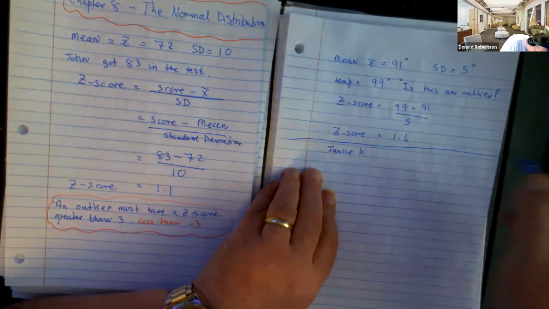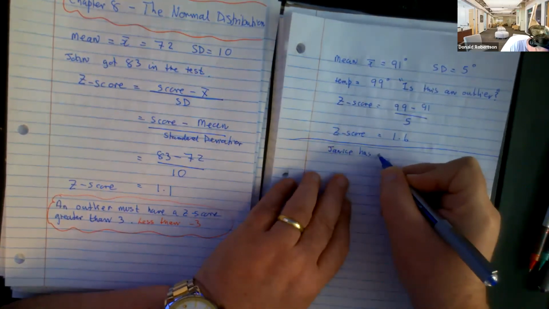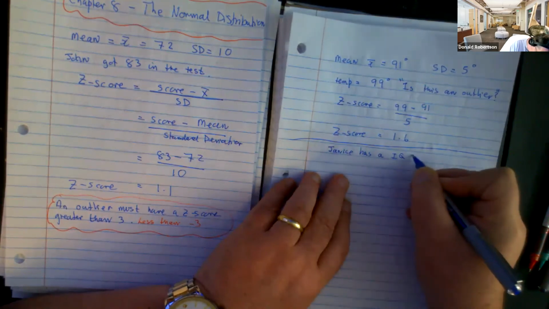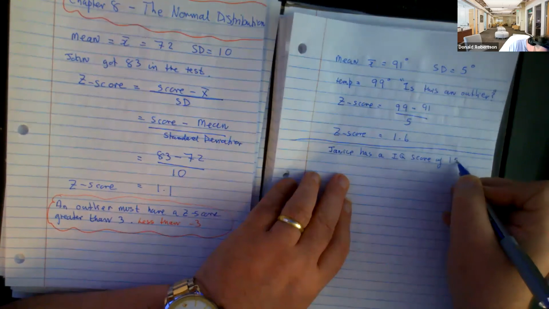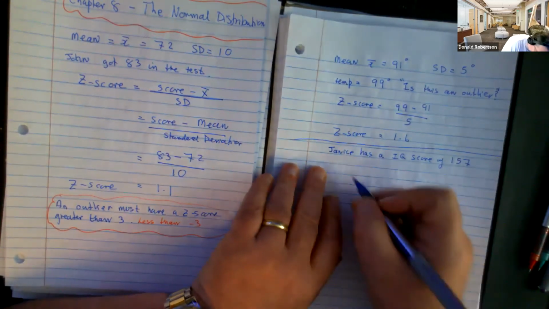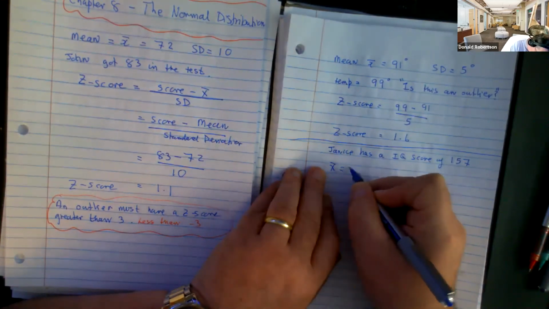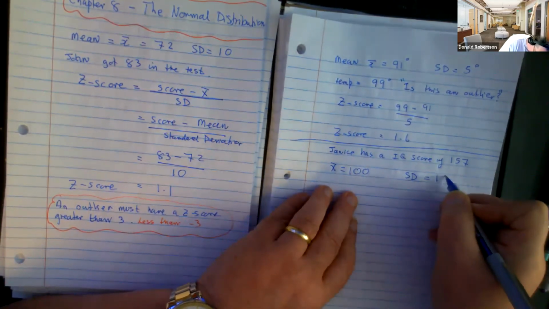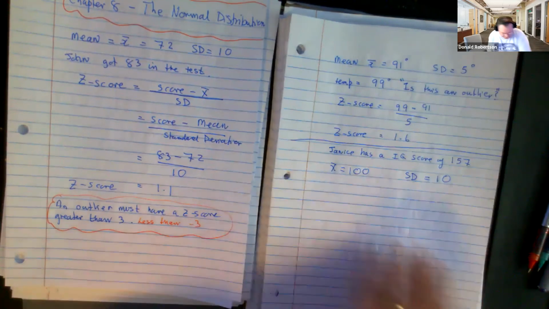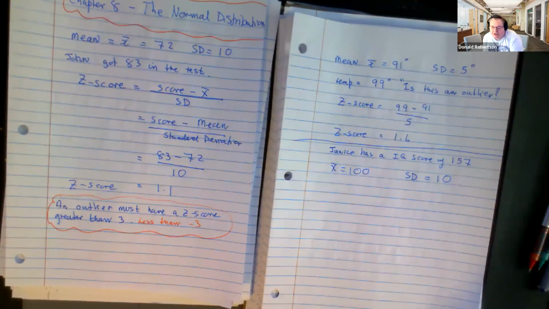It's my last one of these. Janice has an IQ score of 157. The mean of IQs is 100, and the standard deviation is 10. Is Janice an outlier?